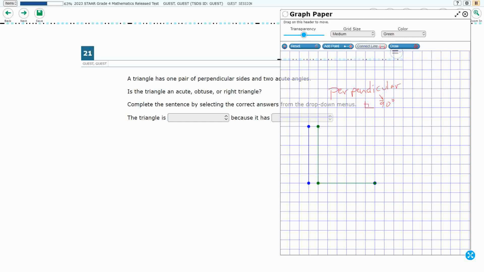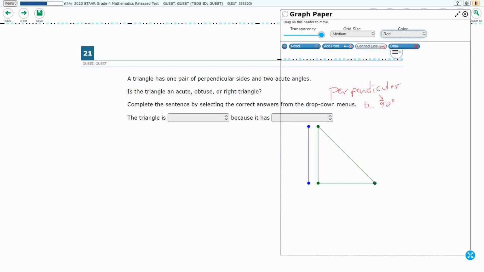Okay, so I've got my pair of perpendicular sides and then two acute angles. Well, if I'm going to make this a triangle, I need to at least connect the lines and make it a three-sided shape. Now, two acute angles. So I've already told you that we can make this a little bit more transparent. There we go.